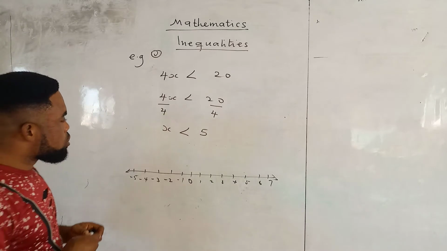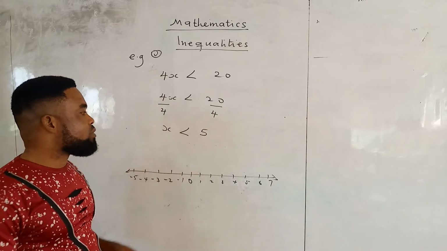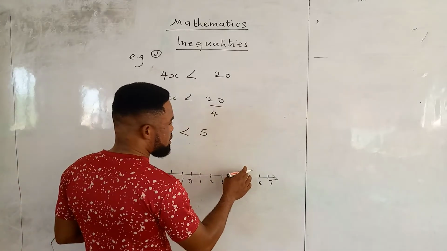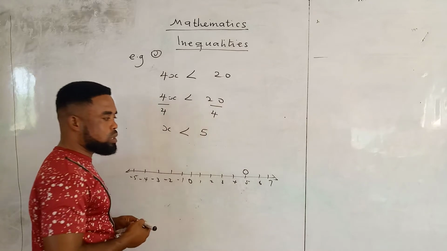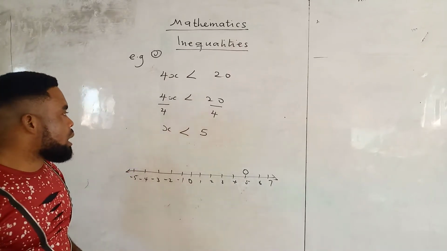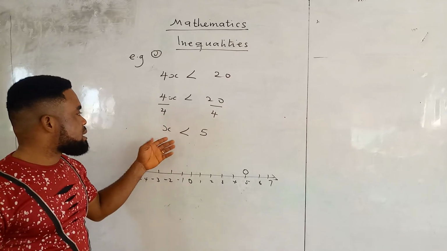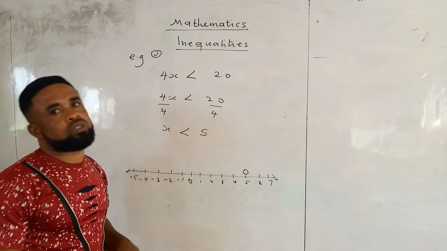Good. So what I need to do is to indicate the 5. So 5 is here. You draw a circle on it.